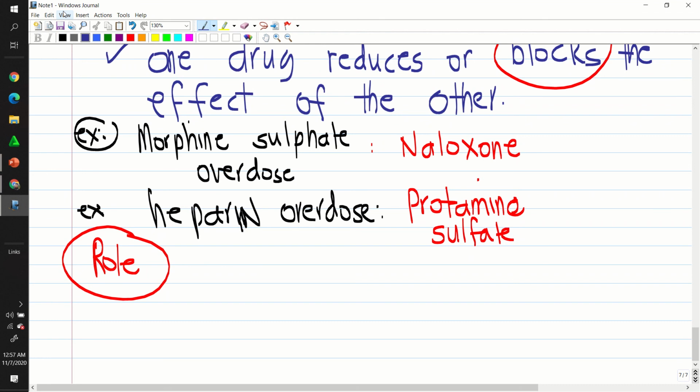What will you do as a nurse? Remember, it is a myth. Hindi po totoo that interaction occur only with prescription medication. Prescription, over-the-counter, and herbal medication can interact with each other.